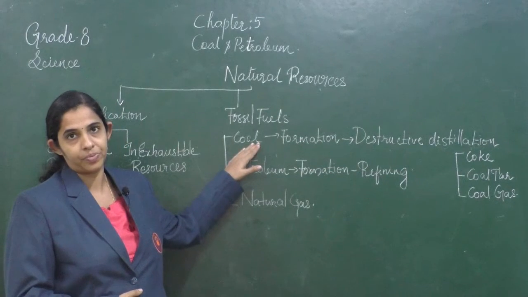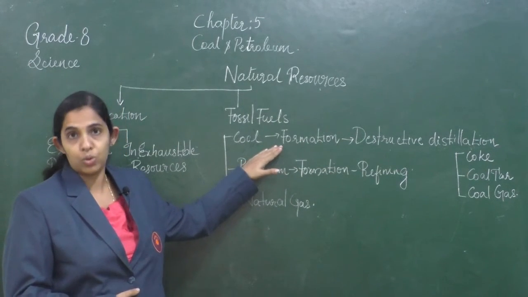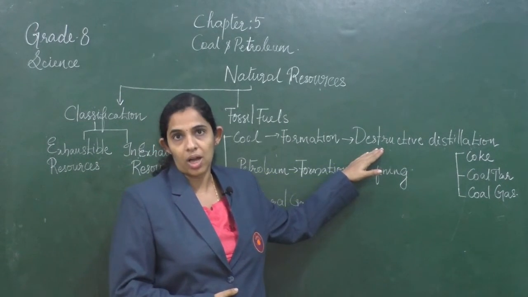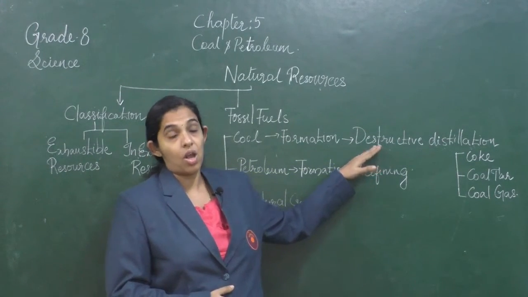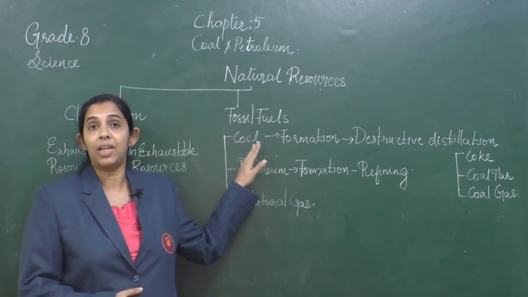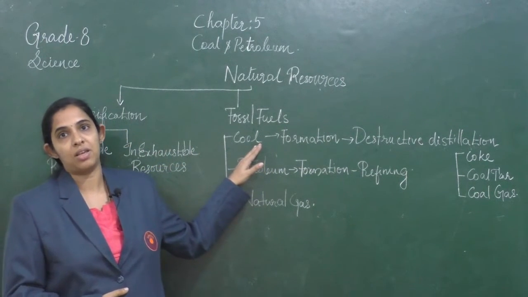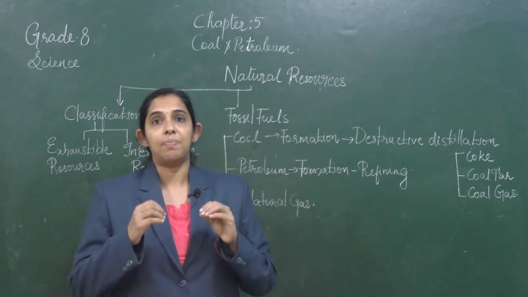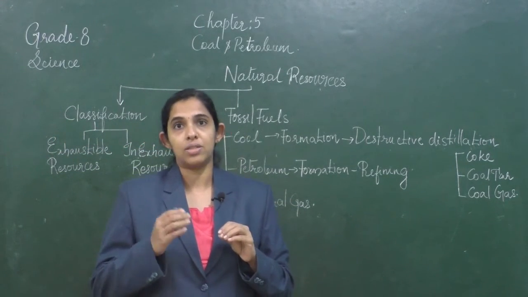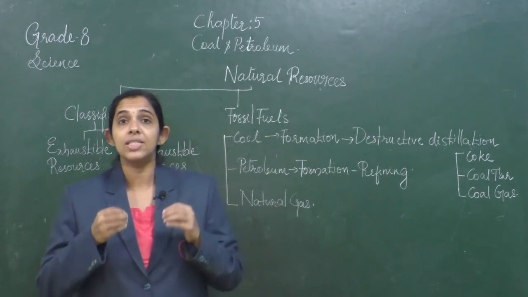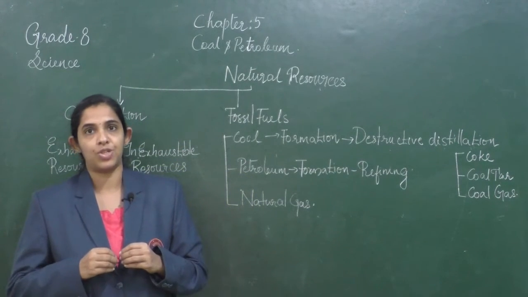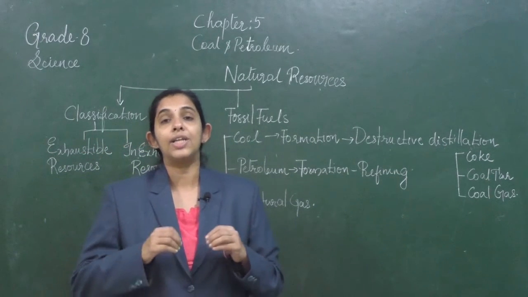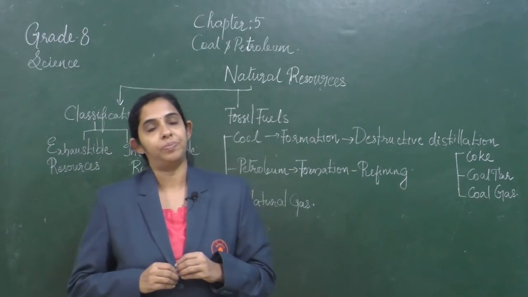First is coal. We have discussed how coal is formed and how the different components in coal are separated. Coal is formed mainly from the dead remains of plants. This dead vegetation gets deposited under layers of rocks or soil, and when it is subjected to high temperature and pressure, in the absence of air, it leads to the formation of coal.